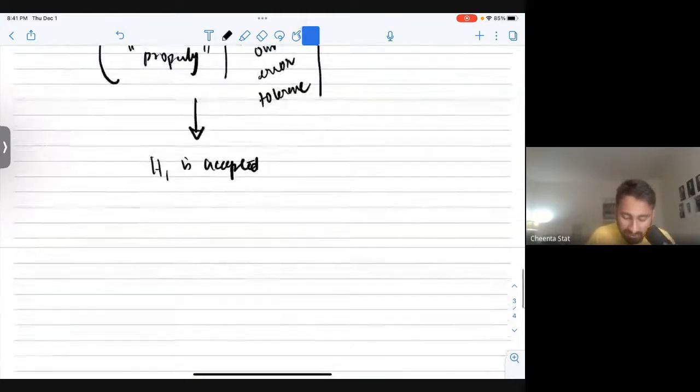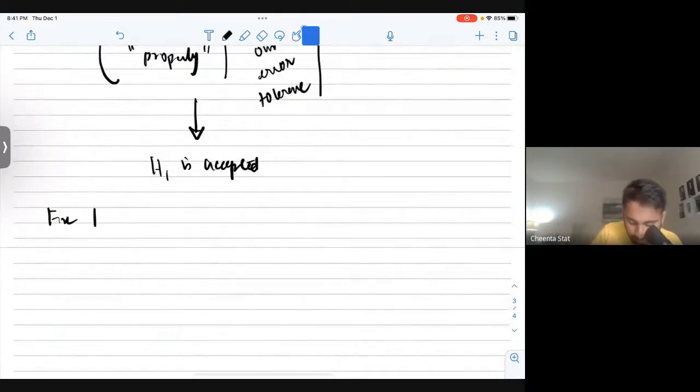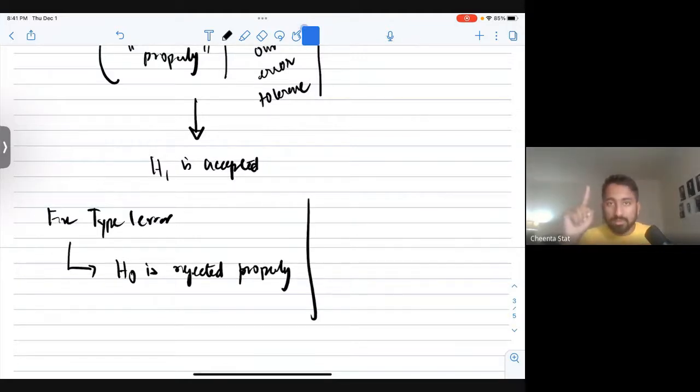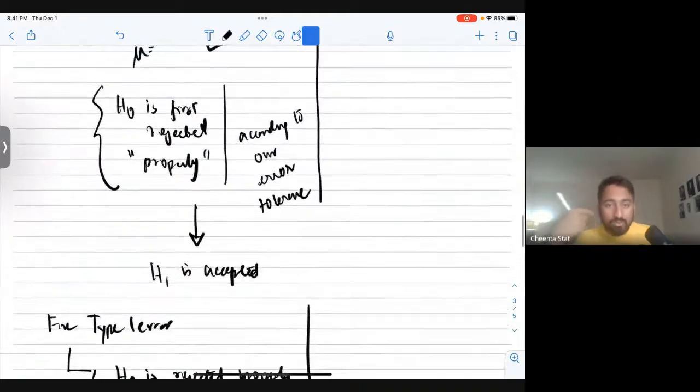Or we don't say h1 is accepted, we say that we don't have enough data to reject h naught. So fixing the type 1 error is actually putting focus much more on h naught. We are making sure that h naught is rejected properly. So the goal is to make sure that h naught is rejected properly, the usual way of test.